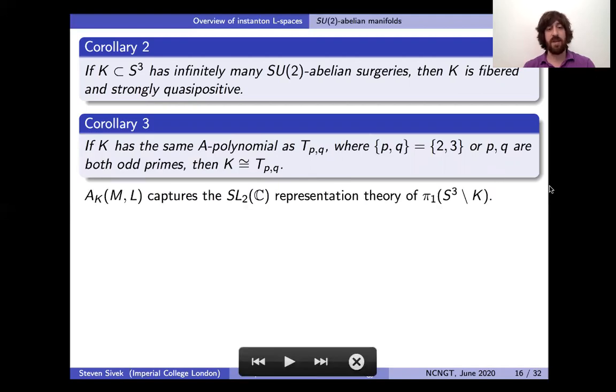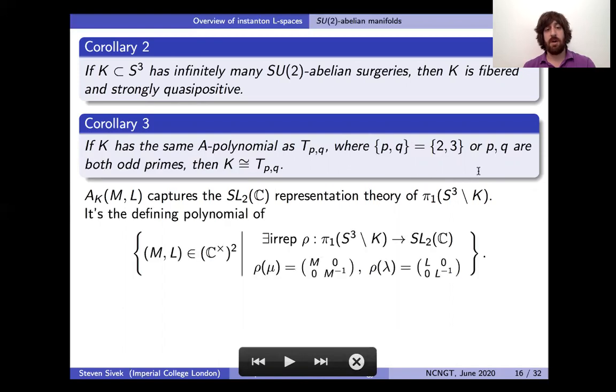Well, first of all, what is the A-polynomial of a knot K? It's something that captures the SL(2,C) representations of the knot group. Essentially, what you do is you look at all irreducible representations of the knot group into SL(2,C) which send the meridian and the longitude to diagonal matrices.